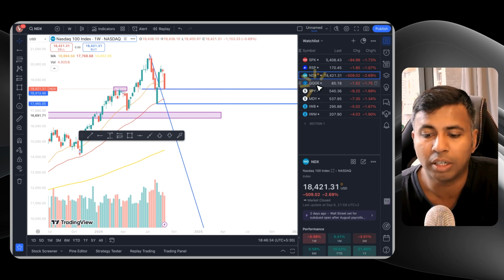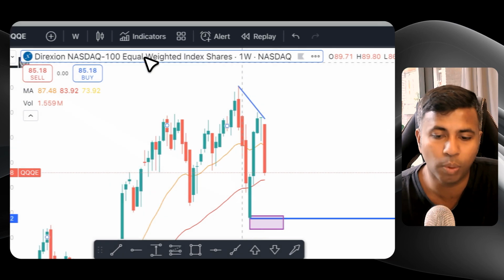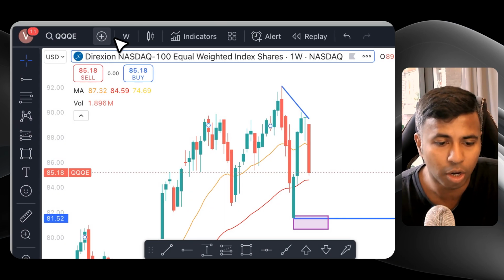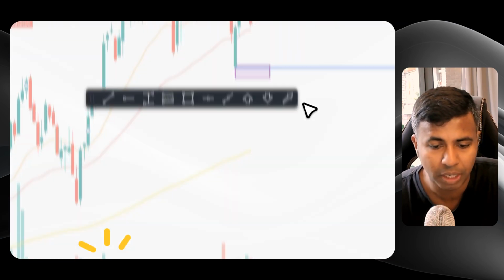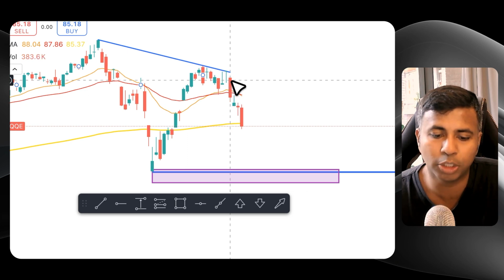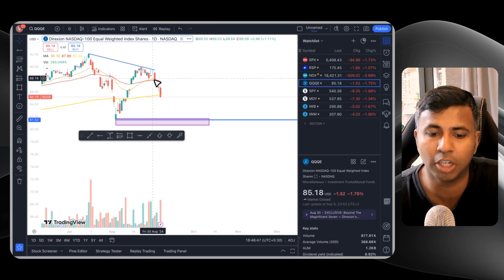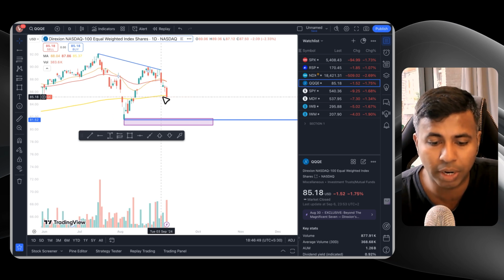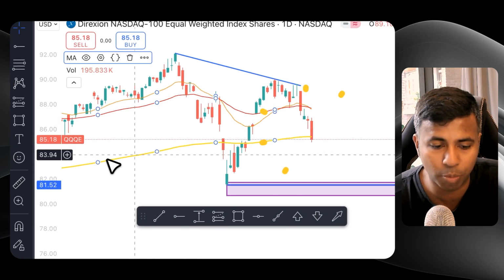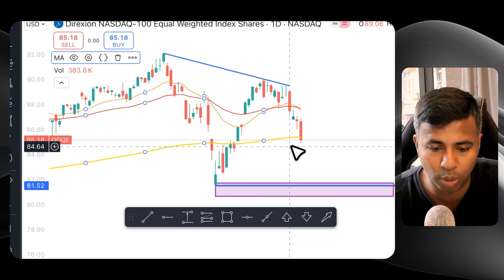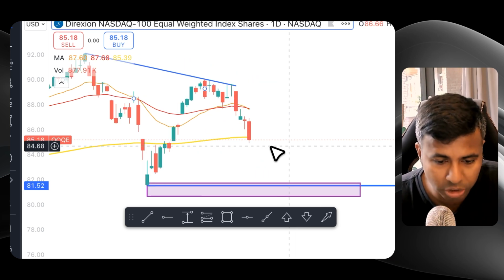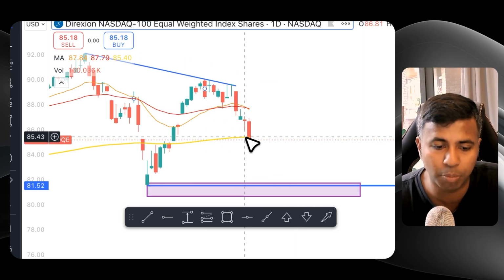Now let's look at QQQE, which is the equal weight NASDAQ 100 index. If we look at it on a daily time frame, it's a similar story compared to the other indices. We had a pretty rough week where the sellers were clearly in control. For the equal weight, we are almost at the 200-day moving average, which is indicated by this yellow line. The close is in fact below the 200-day moving average.